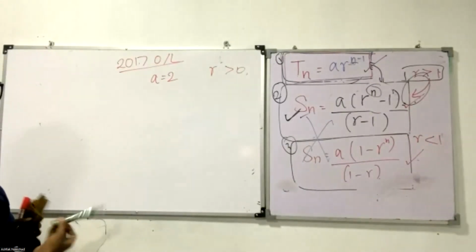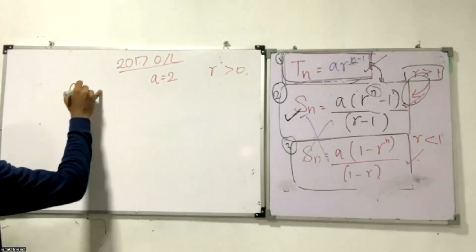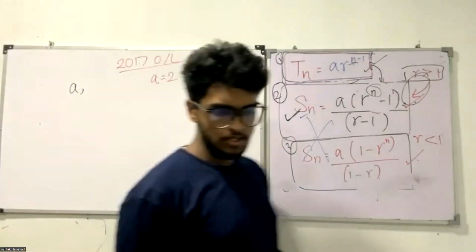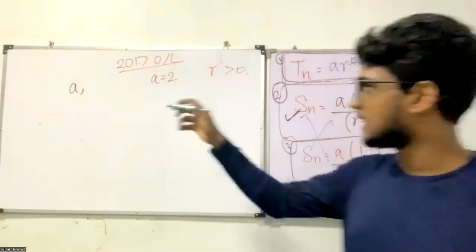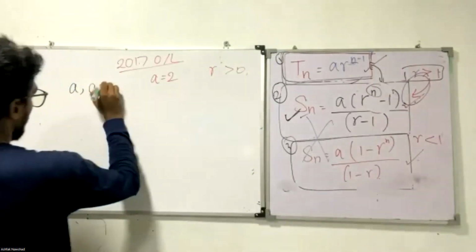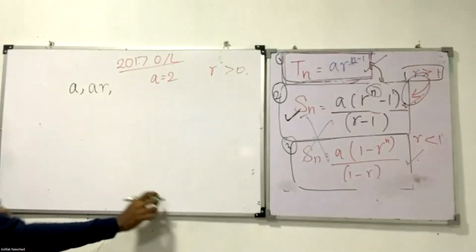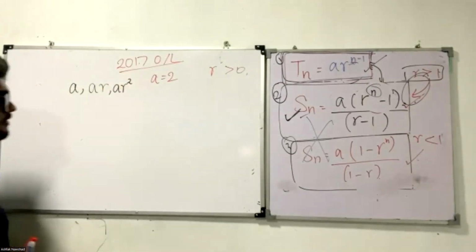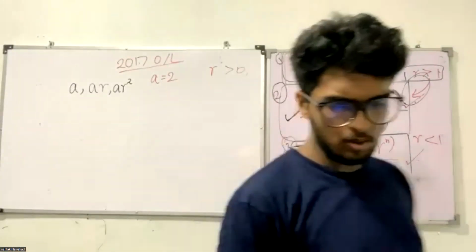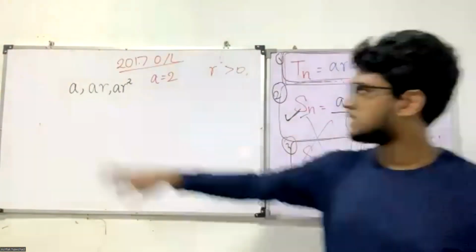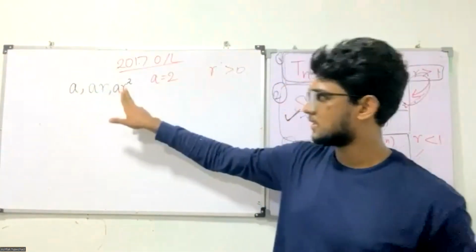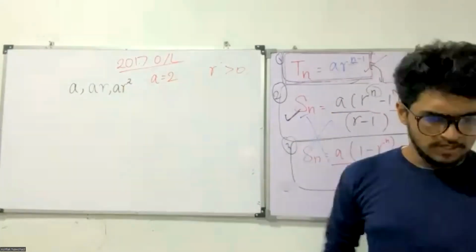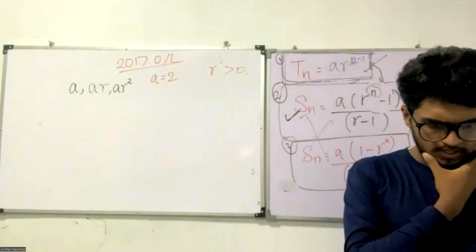All right. In any progression, the first term is A. If it is geometric, the second term is definitely AR, and the third term is definitely AR squared. The first term is A, the second term is AR, the third is AR squared, and the fourth is AR to the power 3.